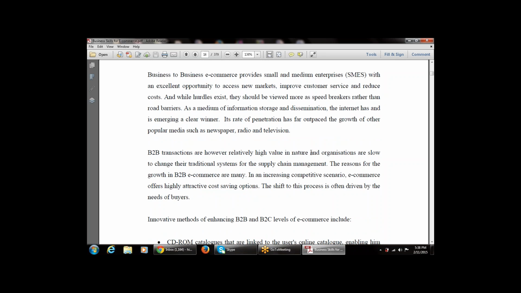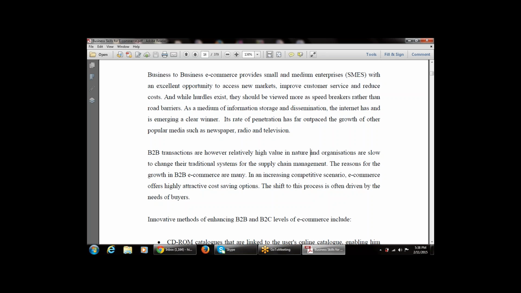That is, most organizations are not in a condition to change their manual system to an automated system. So organizations are slow to change their traditional, that is old outdated, system for supply chain management.